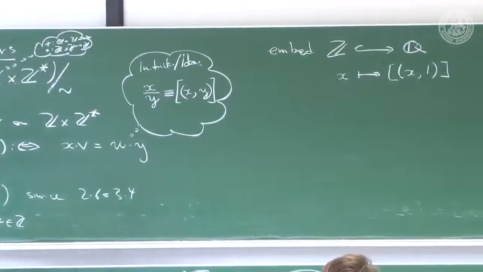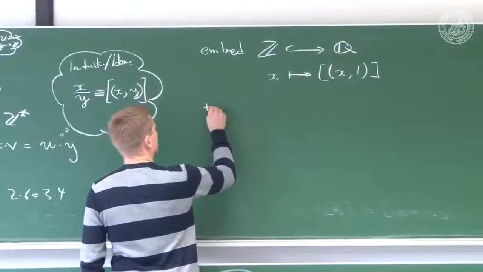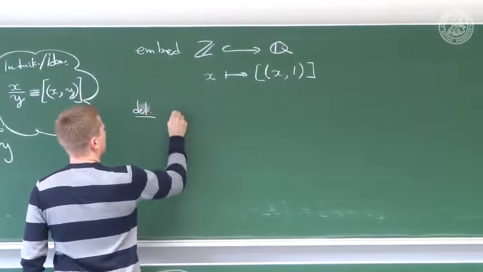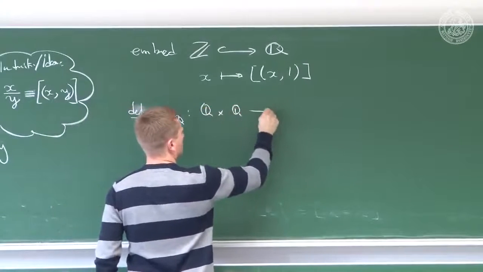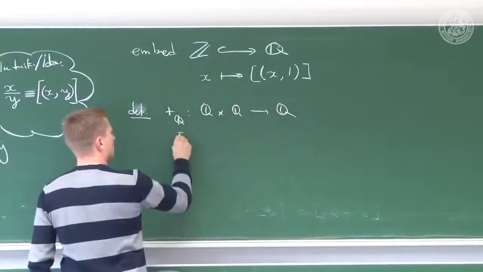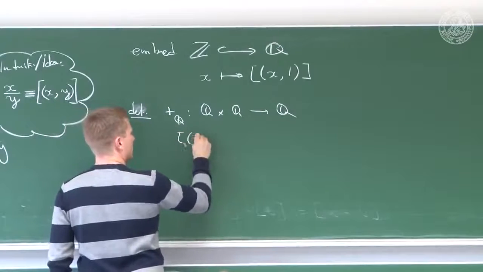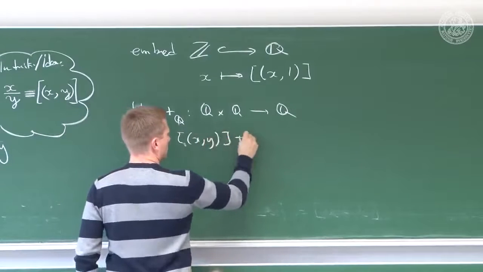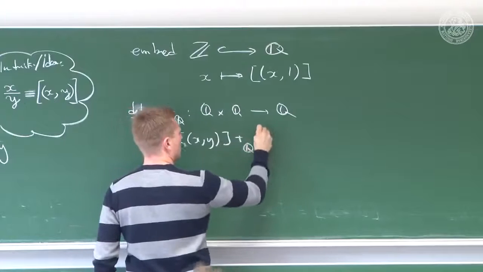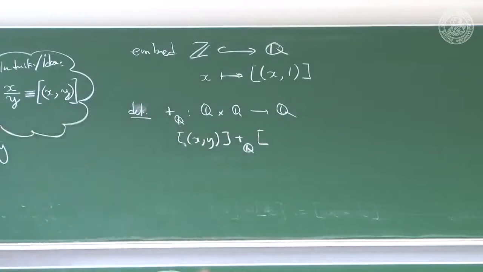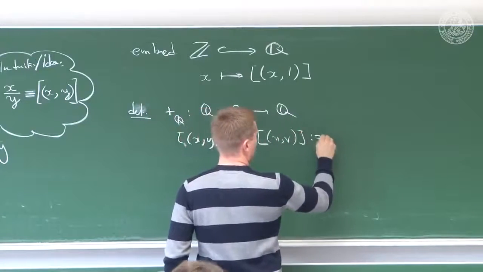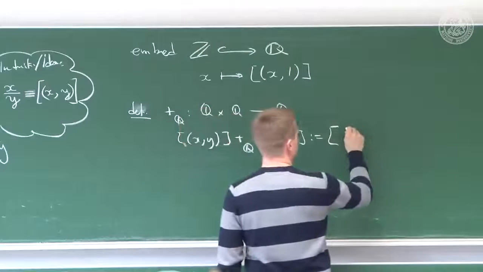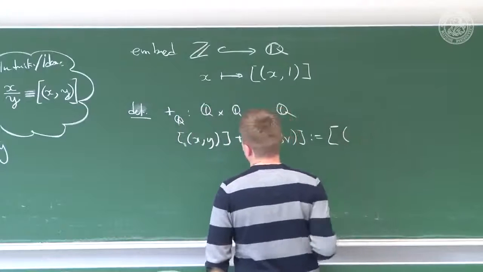Okay, and of course you need an addition. You define an addition on Q. That's simple. That's something like (x,y) plus on Q (u,v). You use representatives, and the addition is what you learn in school.